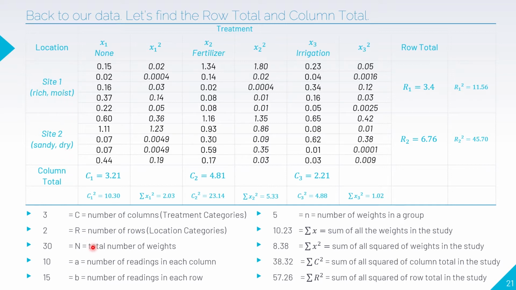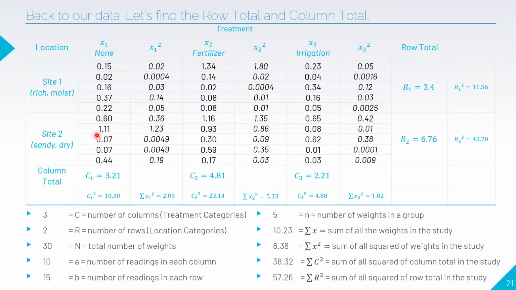So, 30 is our N or our total number of weights. So, we just need to add this all, not the numbers, but how many are there in the column. So, there are 1, 2, 3, 4, 5, 6, 7, 8, 9, 10, multiplied by 3 because there are 3 treatments.